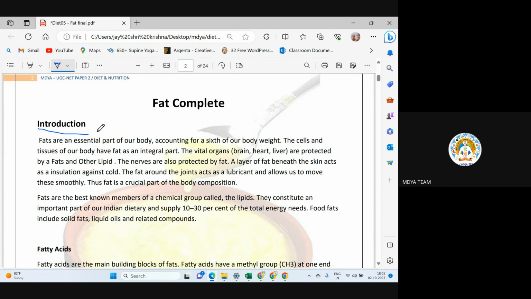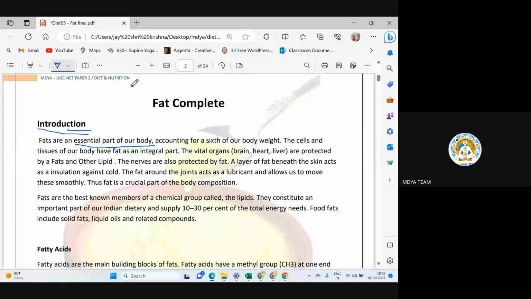So today we are discussing fat. Fat is an essential part of our body, and just as we discussed, carbohydrate provides energy to our body and protein makes the structural framework of our body.